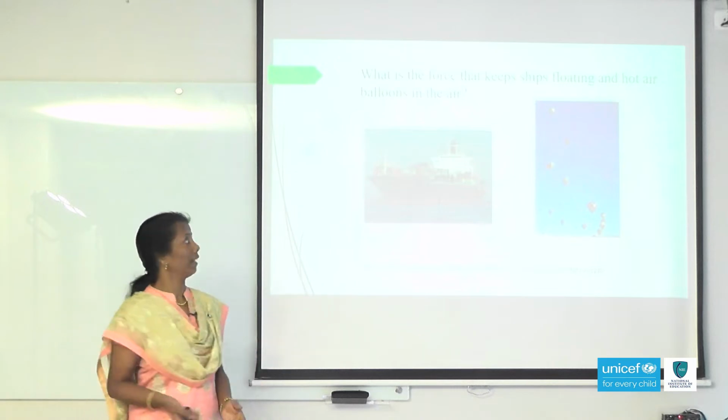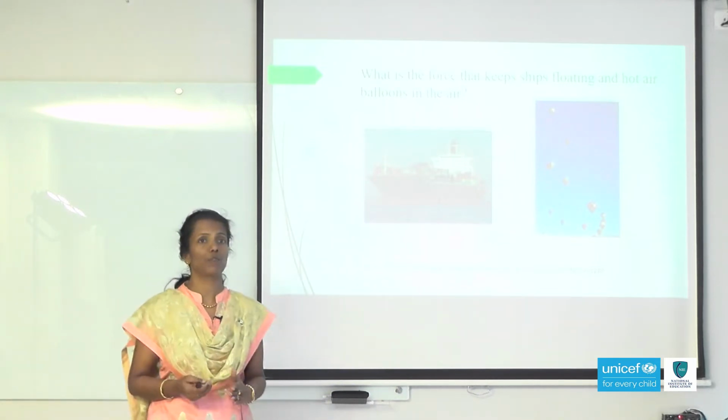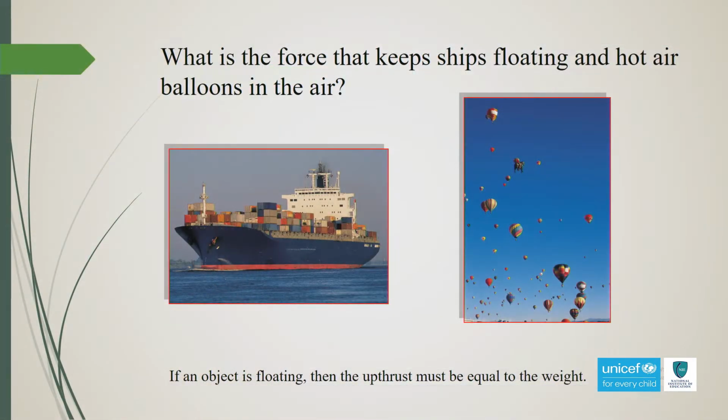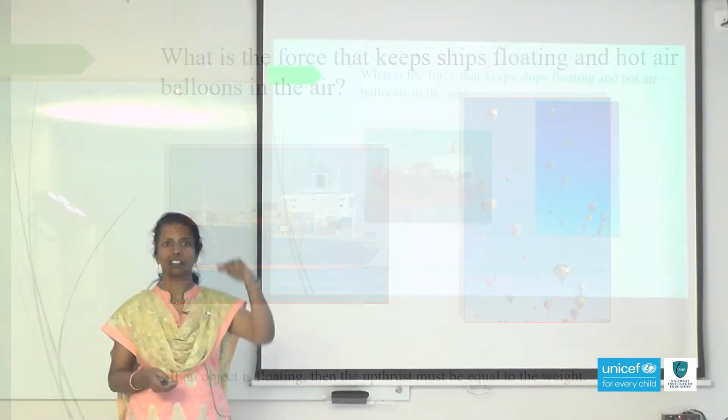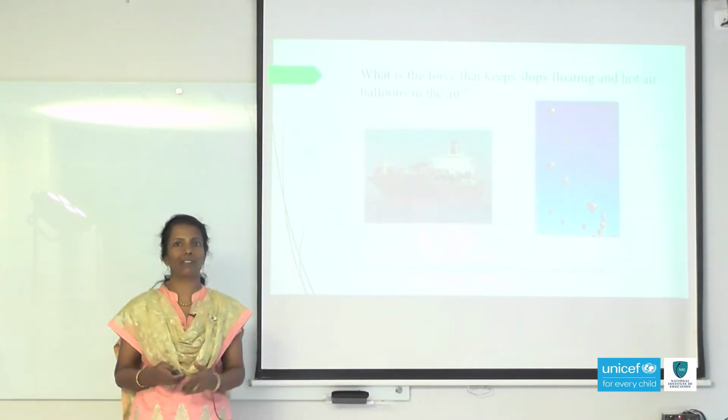You must be wondering, what's the force that keeps ships floating and the hot air balloon remaining in the air? Do you know the answer? It is some fluid force that is keeping it in that state. But what exactly is that force? For any given object, there is a downward force, what we call the gravitational force.